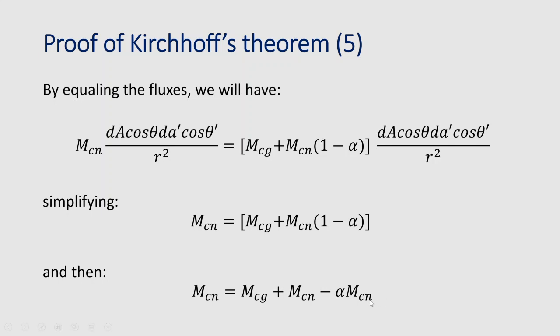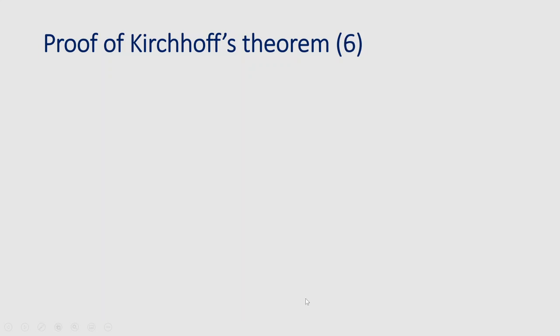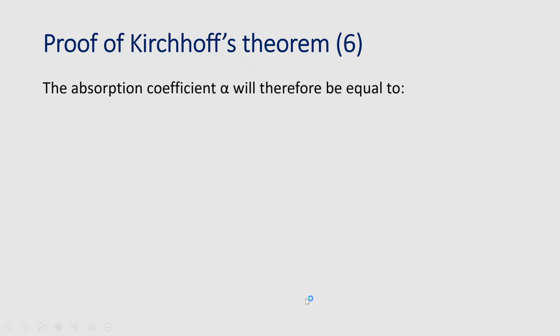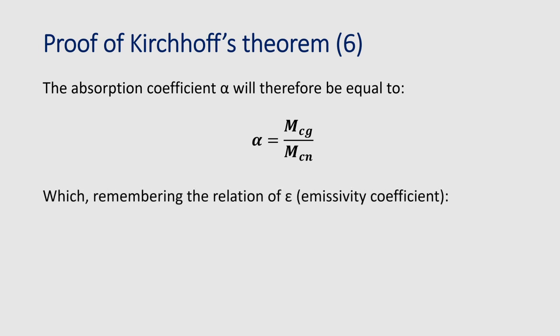So if we again simplify the excitance of the black body that we have in the left and right terms, we will have at the end that the absorption coefficient alpha is equal to the ratio between the excitance of a gray body and the excitance of a black body. But you remember the relation of epsilon, the emissivity coefficient, stating that we have the same quantity here.